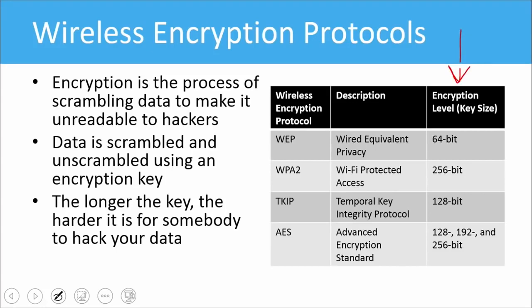So the longer the key, the harder it is for somebody to hack your data. If you have a 256-bit key, it takes a lot longer for a computer to try to hack your data and figure out what kind of messages you're sending back and forth. In contrast, a 64-bit key probably isn't going to be super secure now.